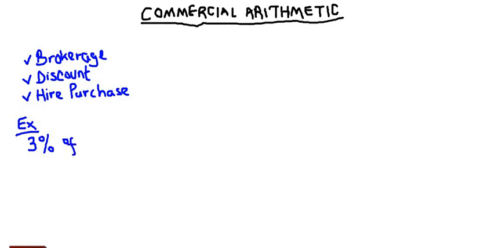In this example, if the brokerage is 3% of an insurance policy, and the broker sells policies worth $100,000, then what will be the brokerage, or the total earning from that transaction?